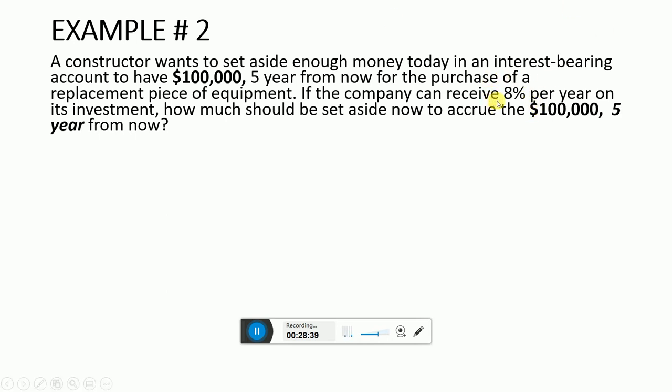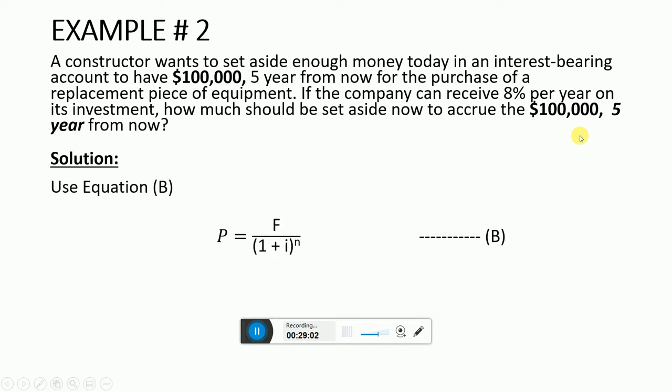So if the interest rate is 8% per year and we have n as 5 years, how much should he put aside to get $100,000 after the 5 years? So we have to use equation B, which is also known as the present worth compound amount factor.